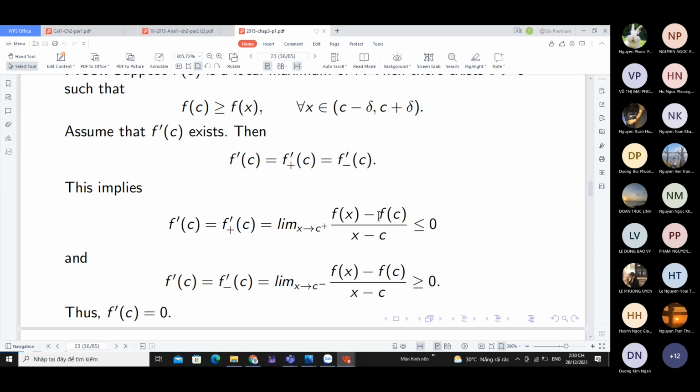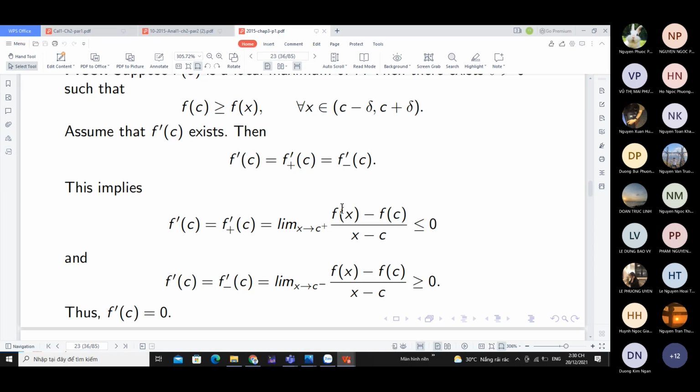Moreover, f of x minus f of c is less than or equal to 0, because f of c is the maximum value of the function f on the interval (c minus delta, c plus delta). So when x is close to c, f of x minus f of c is less than or equal to 0.